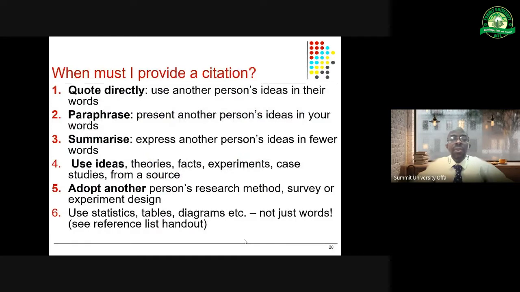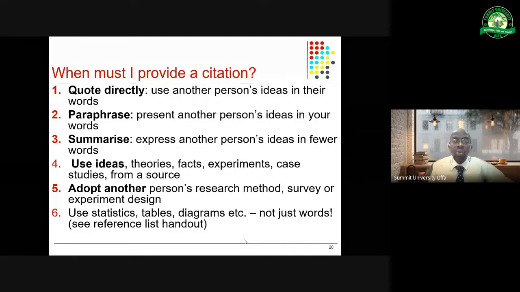When must I provide the citation? So we have looked at that, and let's now revisit it. Whenever you are quoting directly, that is, you are using another person's idea in their words, or you have paraphrased, that is, presented another person's idea in your words, or you have summarized, expressed another person's idea using fewer words, or you have used someone else's ideas, or you have adopted another person's research methodology or survey or experiment, or you have used someone else's table.